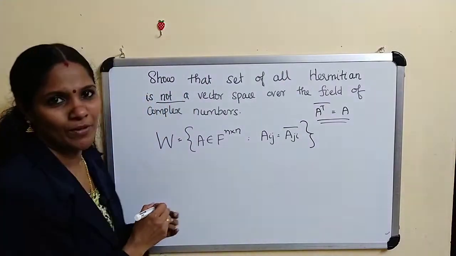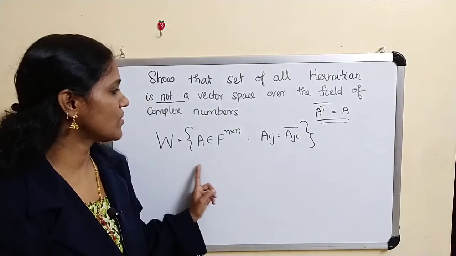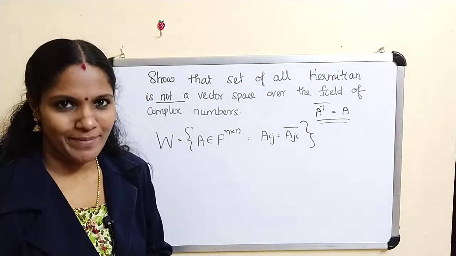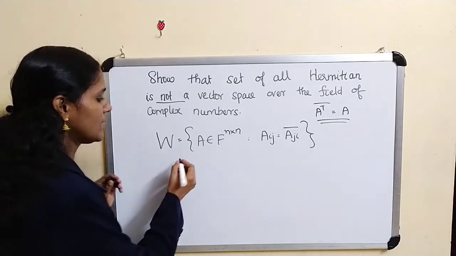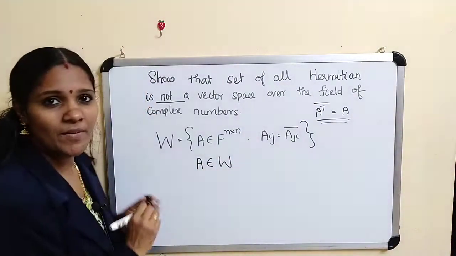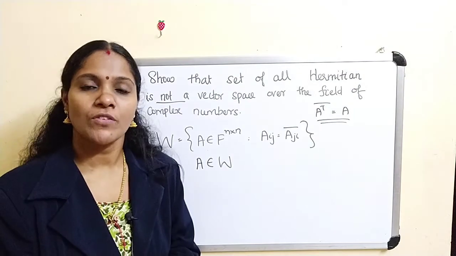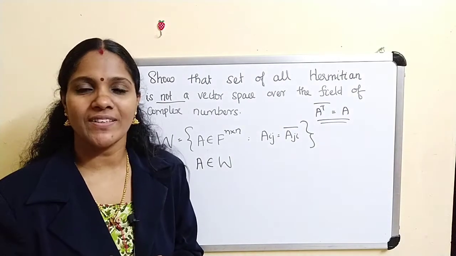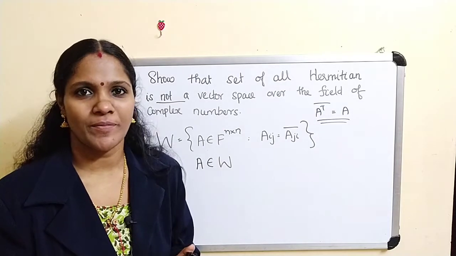This is the W. Now we have to check whether W is a subspace of F^(n×n). Suppose A belongs to W, then A is a Hermitian matrix. So we know A Hermitian implies all its diagonal entries must be real numbers.